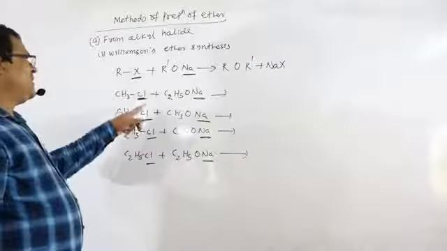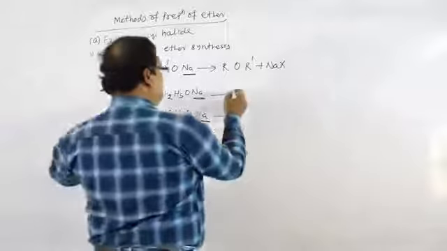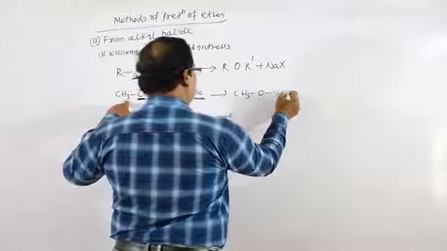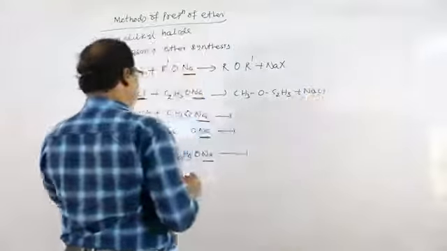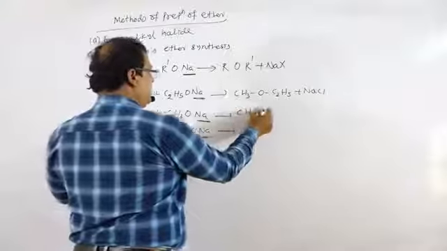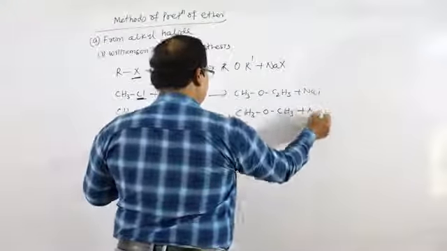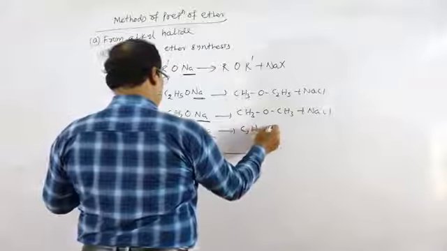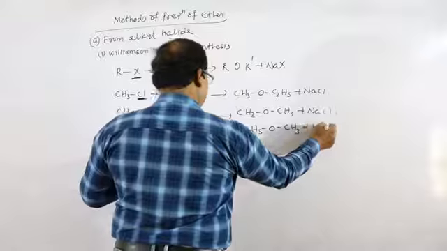In the reaction of the alkyl halide with the sodium alkoxide, the Na part and the Cl part are removed in the form of NaCl. So there is the formation of CH3OC2H5 plus NaCl. In the next case, CH3OCH3 plus NaCl. In this case also, C2H5OCH3 plus NaCl.